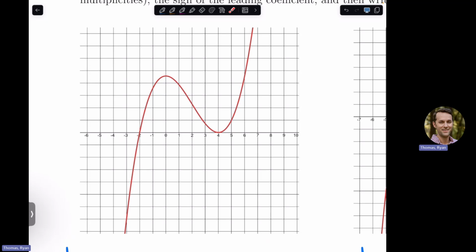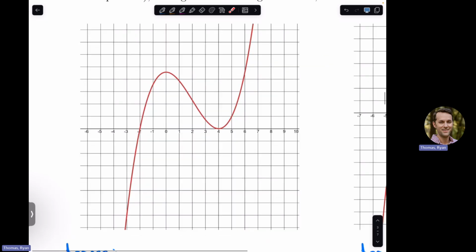Okay, positive leading coefficient. Why? Yeah. It ends pointing upward, which means that the leading coefficient is going to be positive. Again, the problem said let's assume it's +1 then, right? Okay, an odd degree because the ends go in opposite directions.